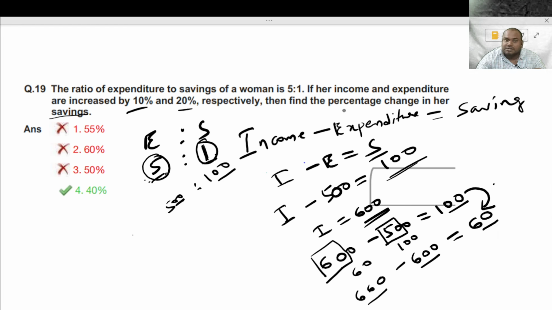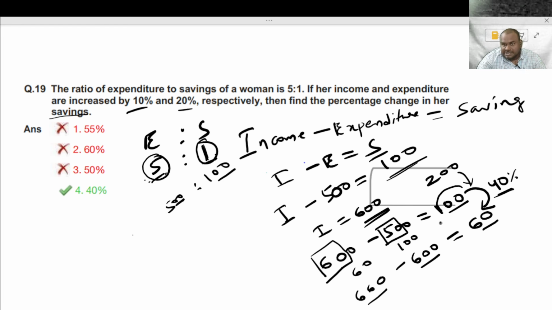What is the percentage change? The percentage change in savings is 40%, because we calculate percentage per 100. As it is 100, you just take the number directly. Suppose it was 200 and it became 60, then you would have to calculate it, and it would be 80%.